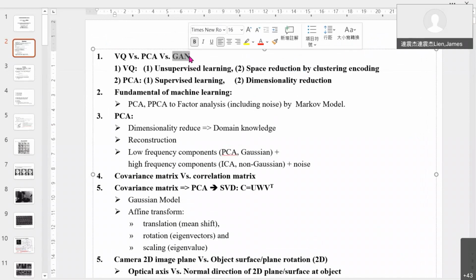GAN. And I will also talk about GAN in my lecture in the third hour. So GAN actually include, no matter PCA or GAN, the same concept is encoder decoder. They're encoder and decoder. That's a GAN or PCA.